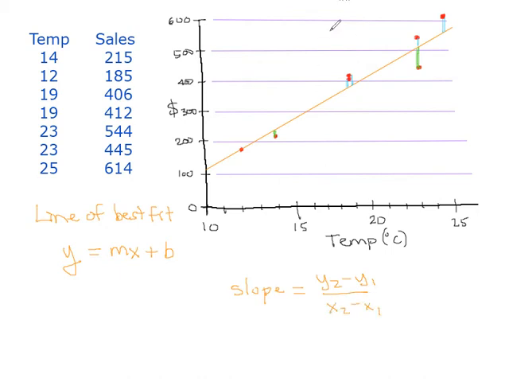But we can't use these points necessarily because the line does not hit most of those points. Well, okay, it hits one of them pretty neatly. It definitely goes through 12, 185 almost perfectly, so I'm going to take that as one of my points. But it doesn't hit any of the others, so I'm just going to have to find another point somewhere that I feel like I can read fairly well. How about 20?